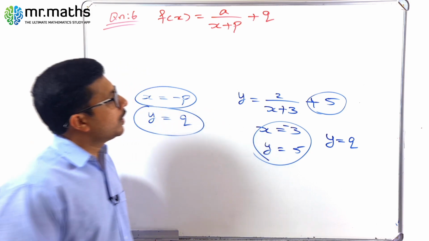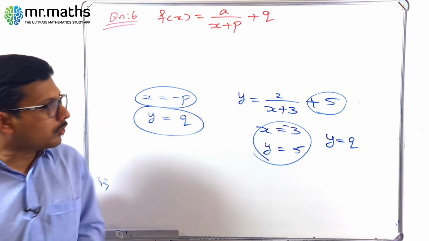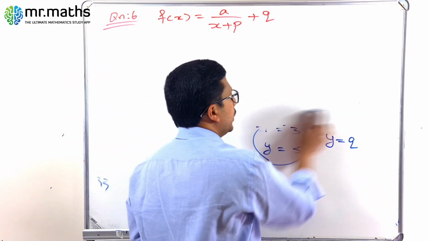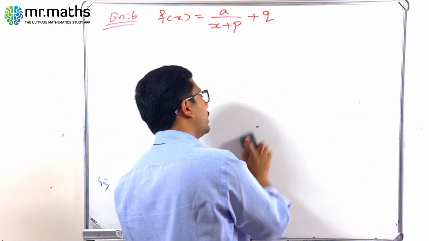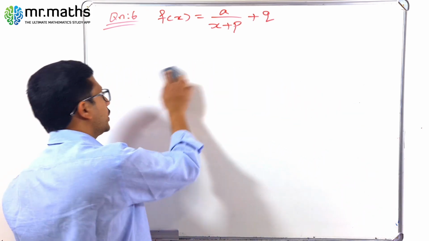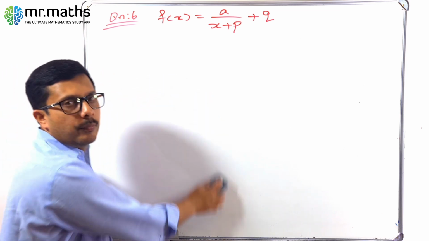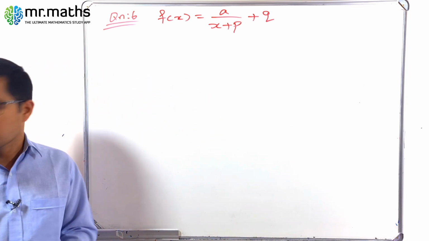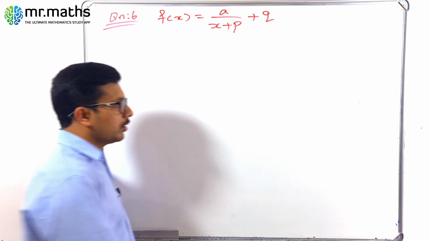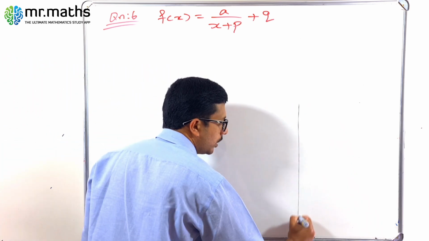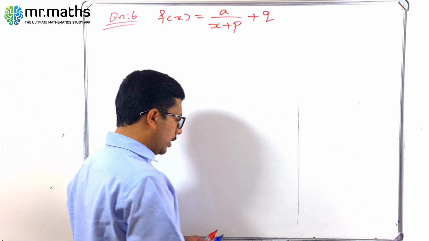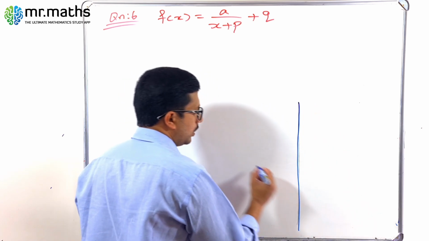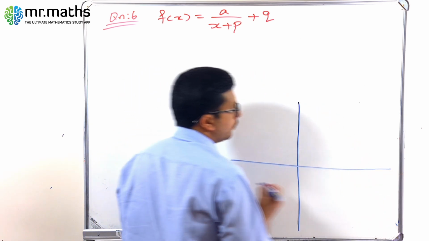So here in our question, what are the properties given? Look at the question. What is the first property? The range of the equation is y is an element of R where y not equal to 1. So what is the meaning of that, guys? What is the meaning of range? Range means possible y values. Assume that these are the x and y axis.